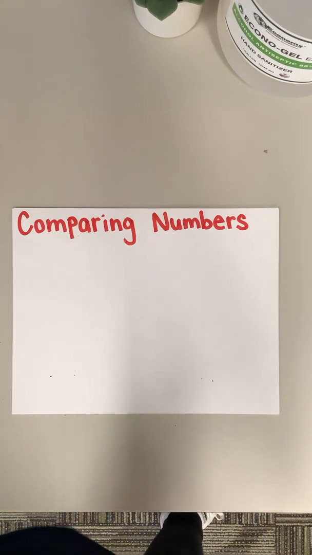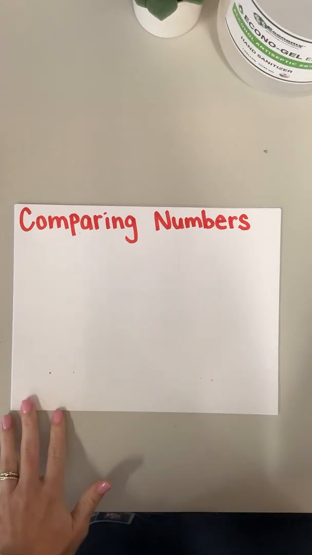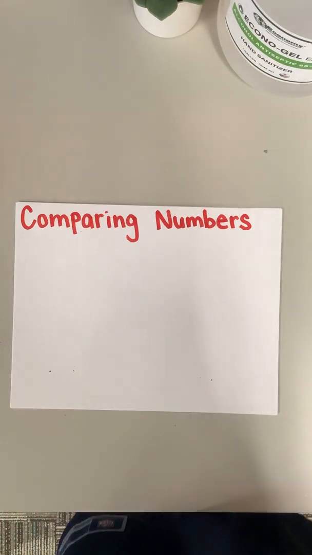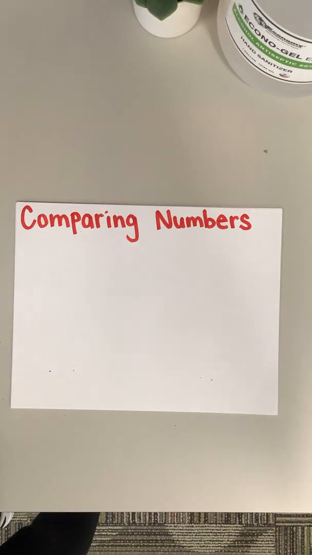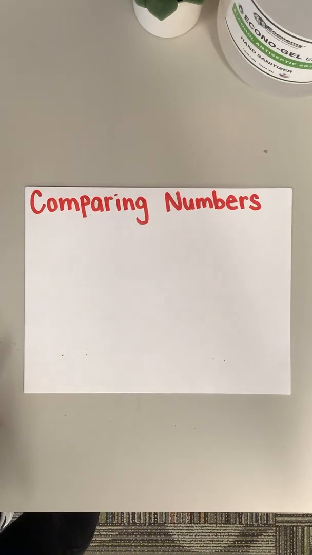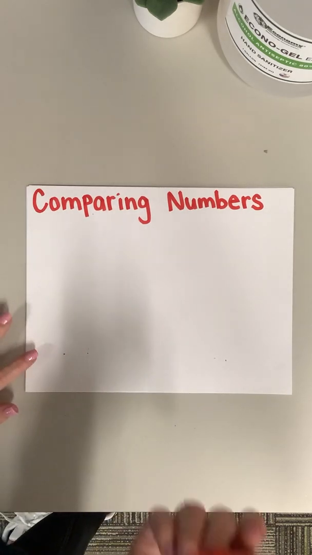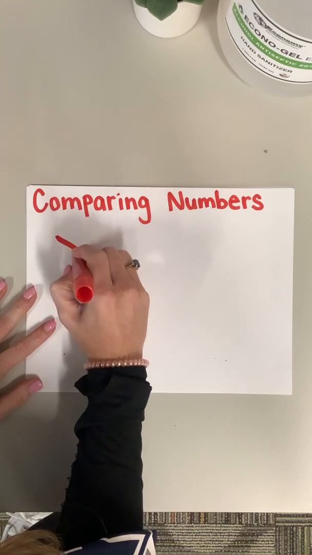So before we start comparing numbers up to 99, let's review the 3 signs that we use to compare numbers. You might have forgotten. That's why we're going to review. I know you've slept since then. The first sign we use to compare numbers looks like this.